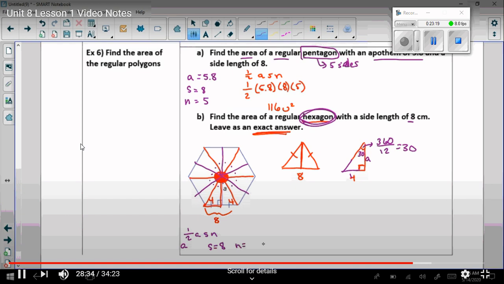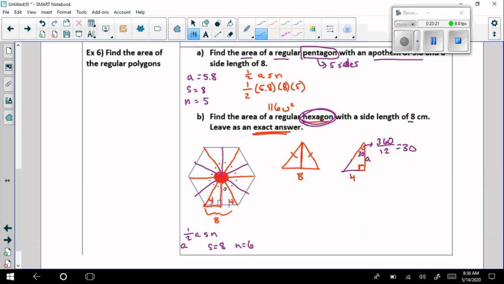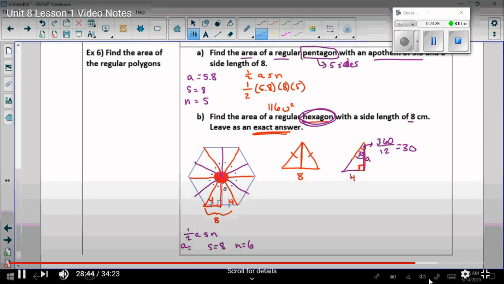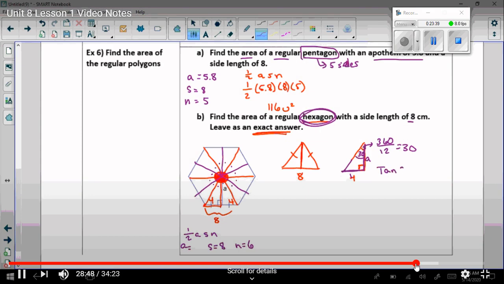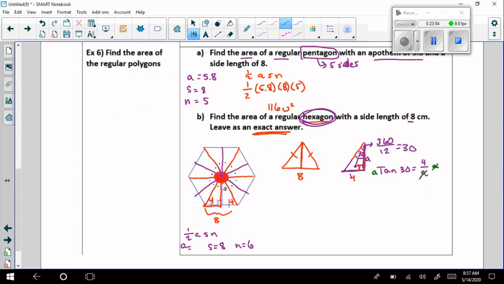Sorry, we know the side length is 8, and we know the number of sides. We're finding A, so we set that up with your trig ratio. The tangent of 30 is equal to opposite, so 4 over A. Multiply both sides by A, and then we'll divide off the tangent 30.